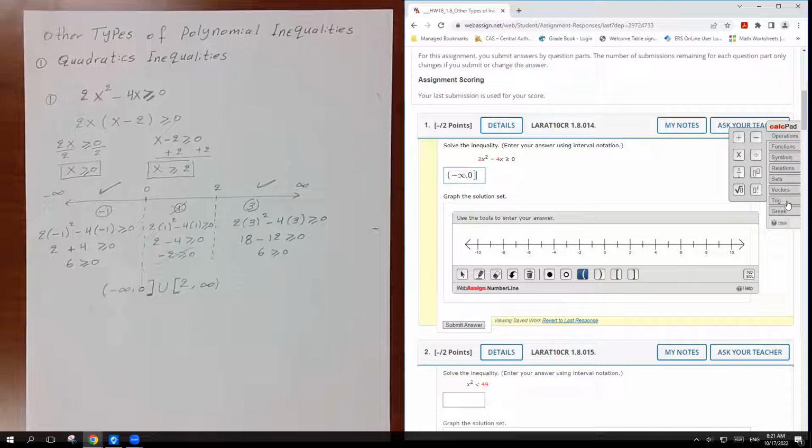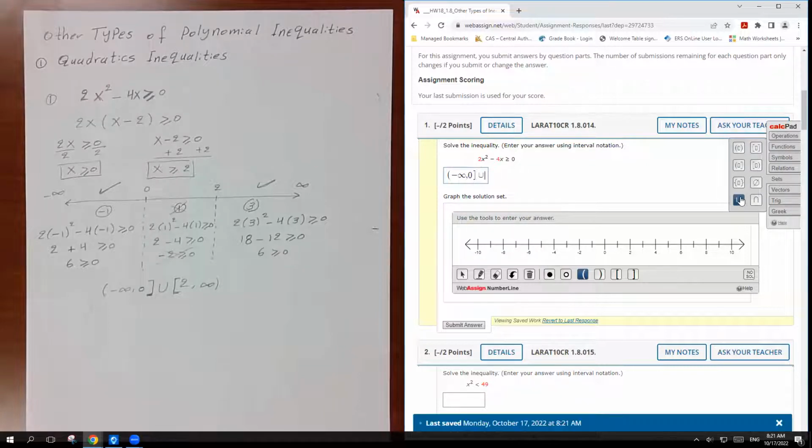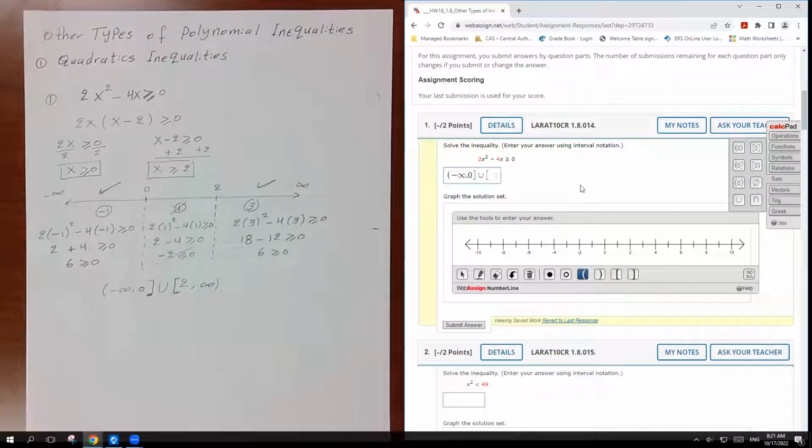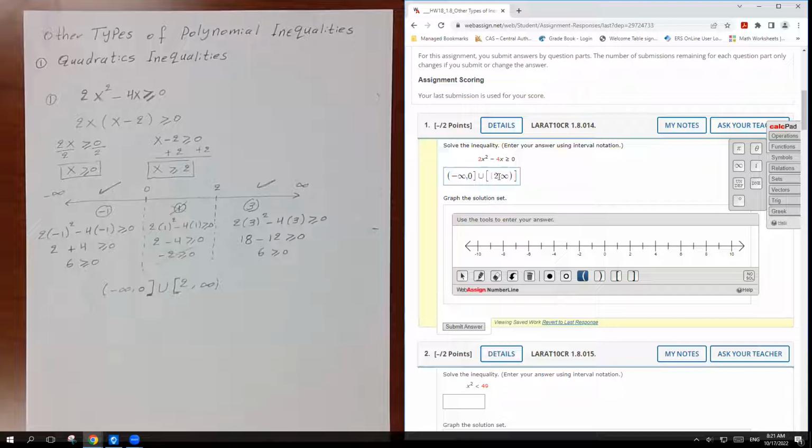Union, you're going to find the union in here, under operations on the sets. Here's the union, and you're going to open a bracket. 2, comma, infinity here. Then parentheses. There are 2 brackets.